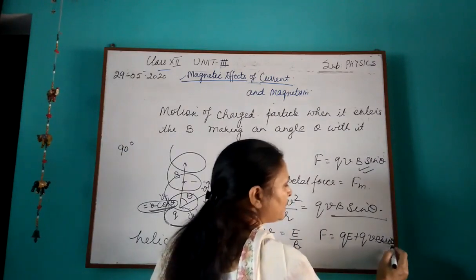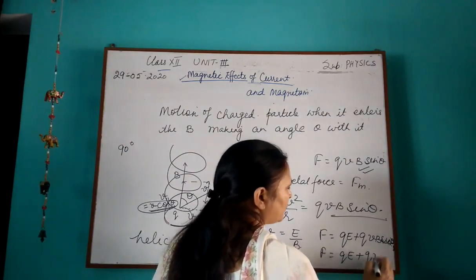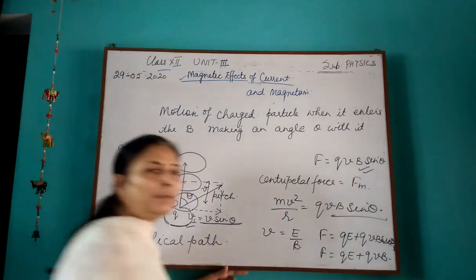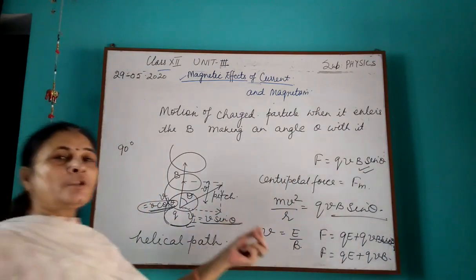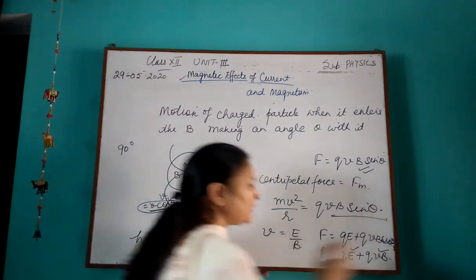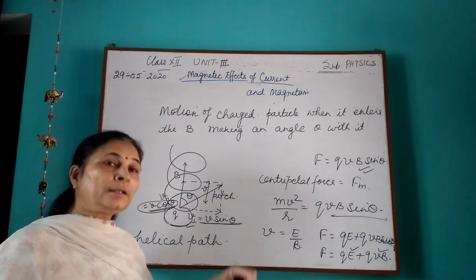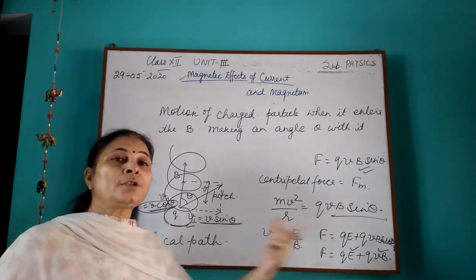For convenience, if we take this as 90 degrees, then F equals QE plus QVB. Say a charged particle is moving in both the fields, E as well as B, but the direction is not changed.